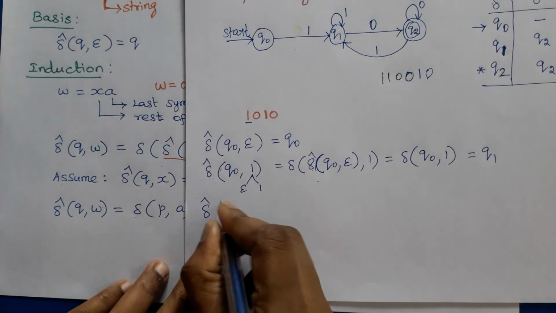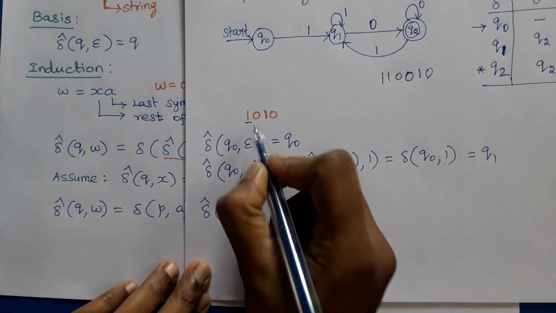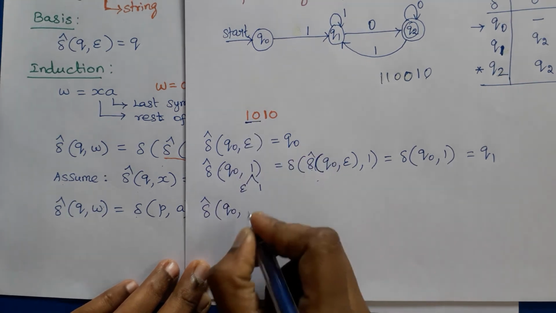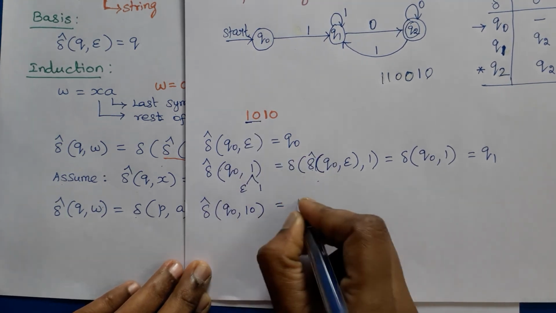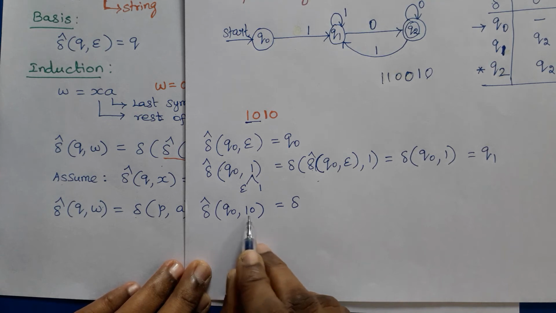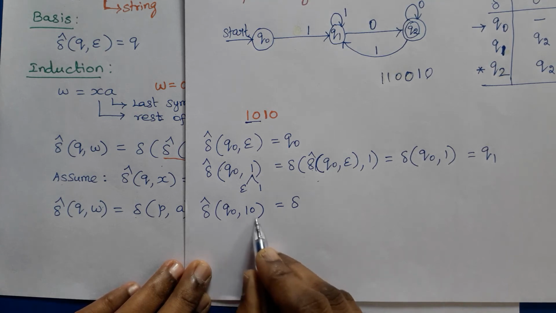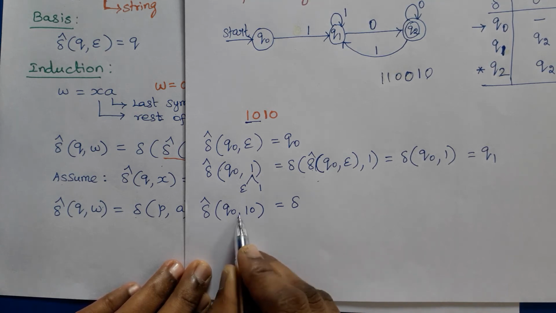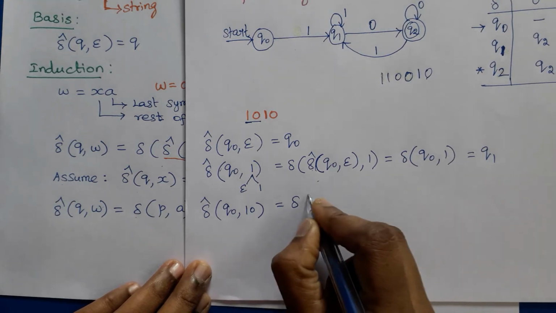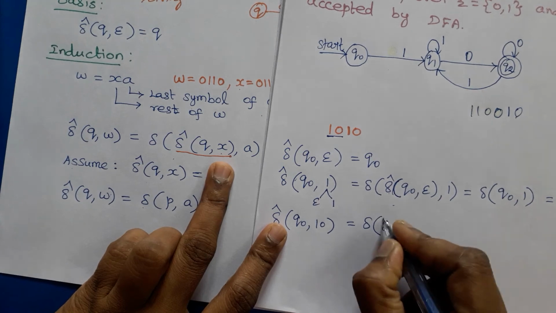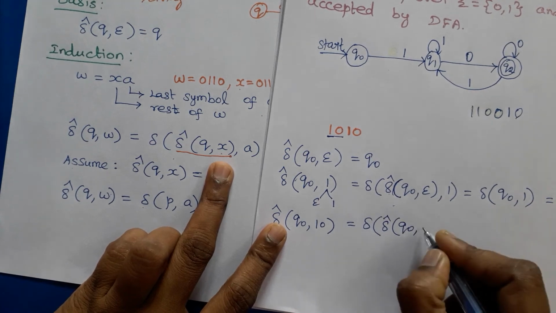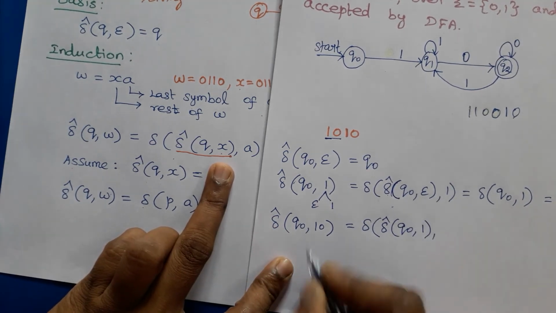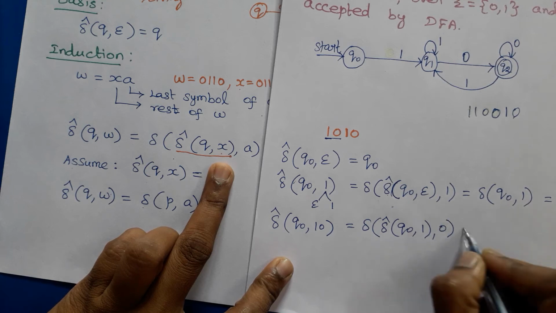Then delta cap of q0 comma, now we need to take two symbols. So 1 0 is equal to. How do we split this W now? A is 0. X means the remaining symbol, so 1. So delta cap of q0 comma x means 1 here. Then A is 0, right?